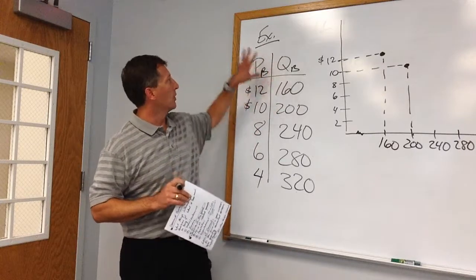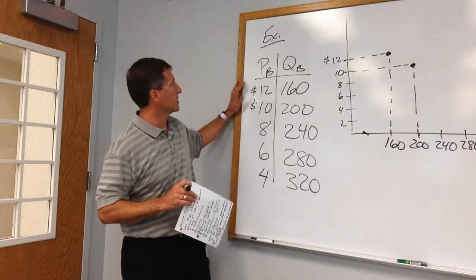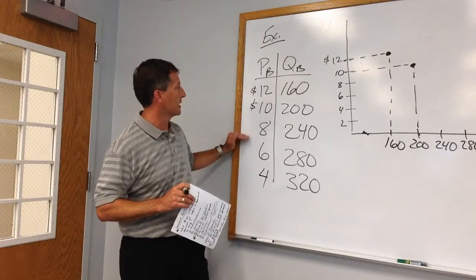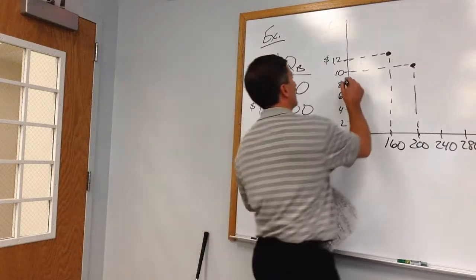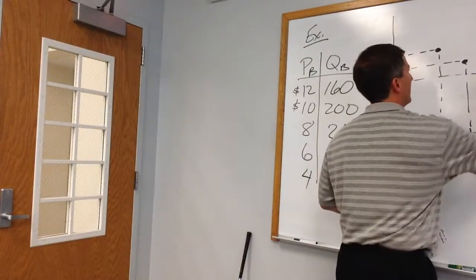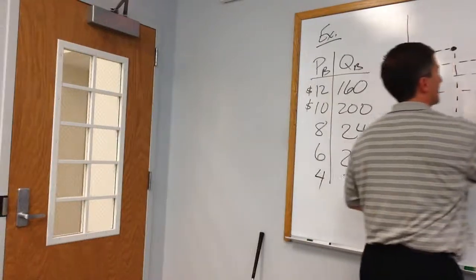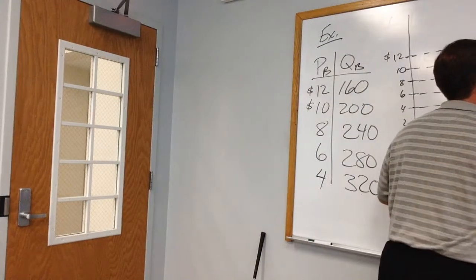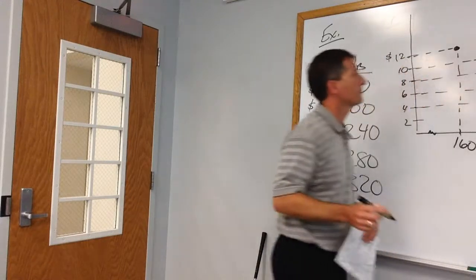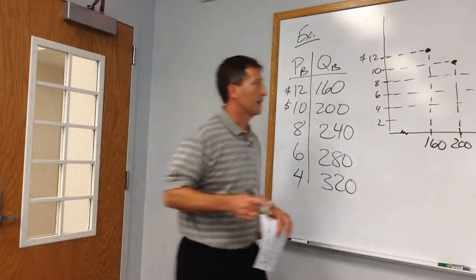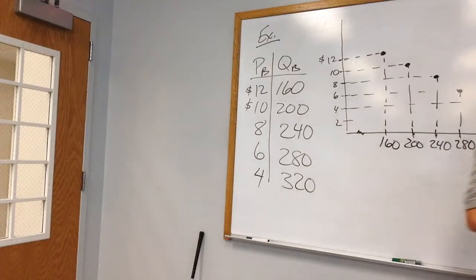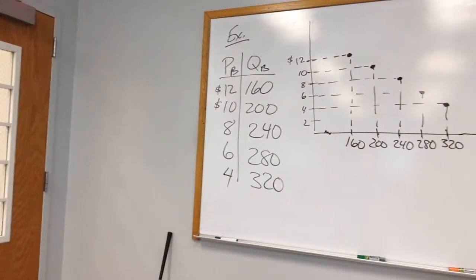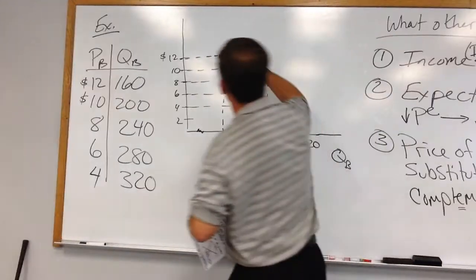Okay, so we have our schedule of numbers here: 12 and 160, 10 and 200, 8 and 240, 6 and 280, and finally 4 and 320. If you drew this pretty carefully and you connect the dots, what should you find? Straight line. All right, so I did that intentionally.